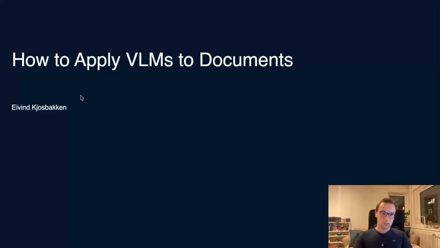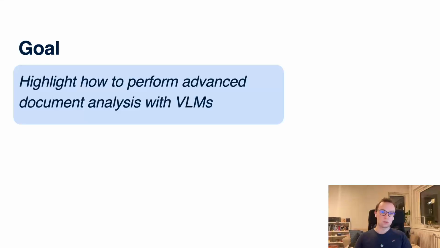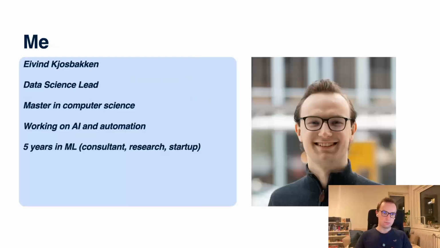My name is Ivan Kjosbakken, and the goal for today is to highlight how to perform advanced document analysis with vision language models. So, just to start off, a bit about me. I am currently working as the data science lead at a startup based in Oslo.